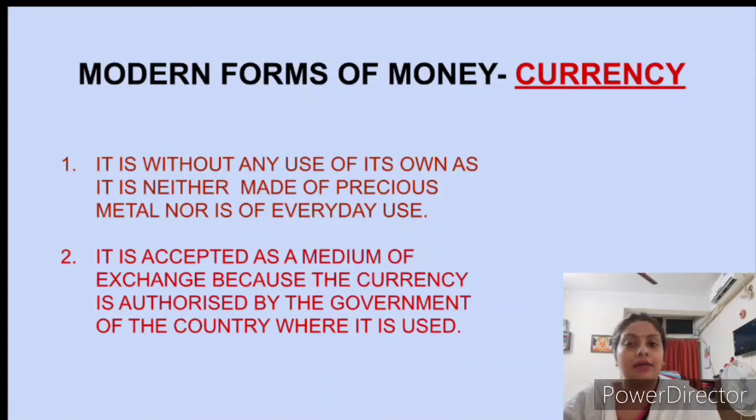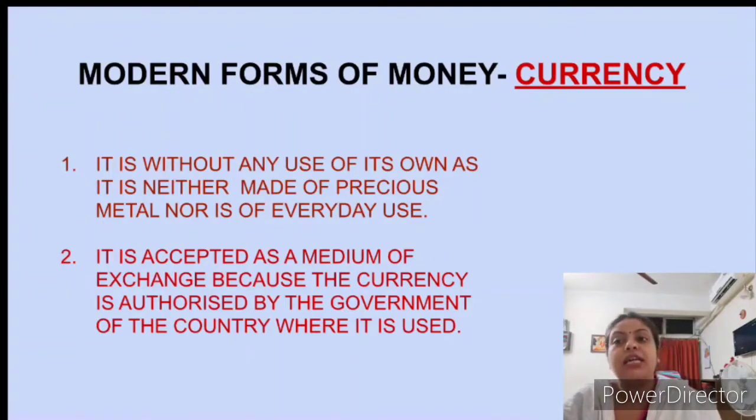But the currency note, if you have to understand it properly, it has no value of its own, no use of its own. We as the people or the government assign it a value, otherwise it is just a piece of paper.